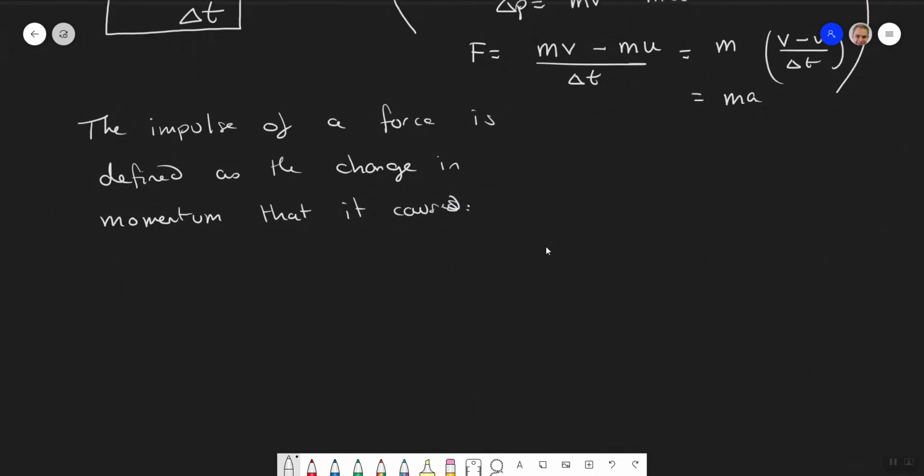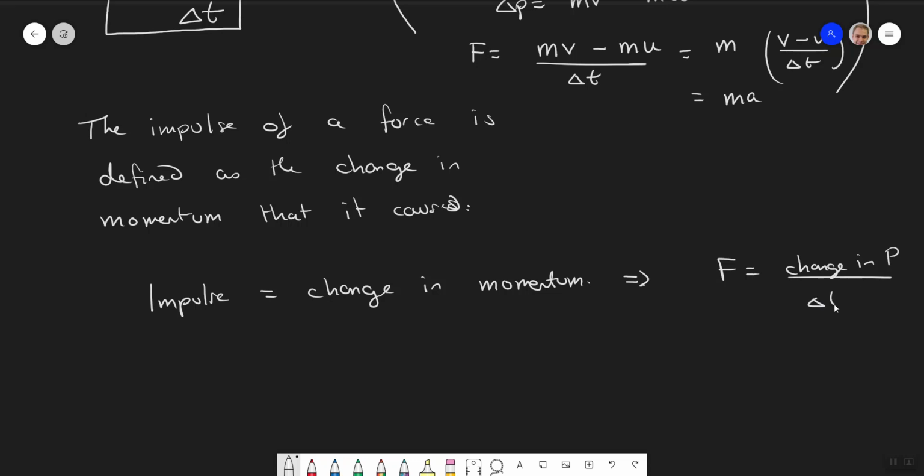And what we can do with that is say, if impulse is equal to change in momentum, and we also have the idea that force is equal to change in momentum over the time that force is applied for, well, that means our change in momentum is also equal to a force multiplied by the length of time that force is applied for.